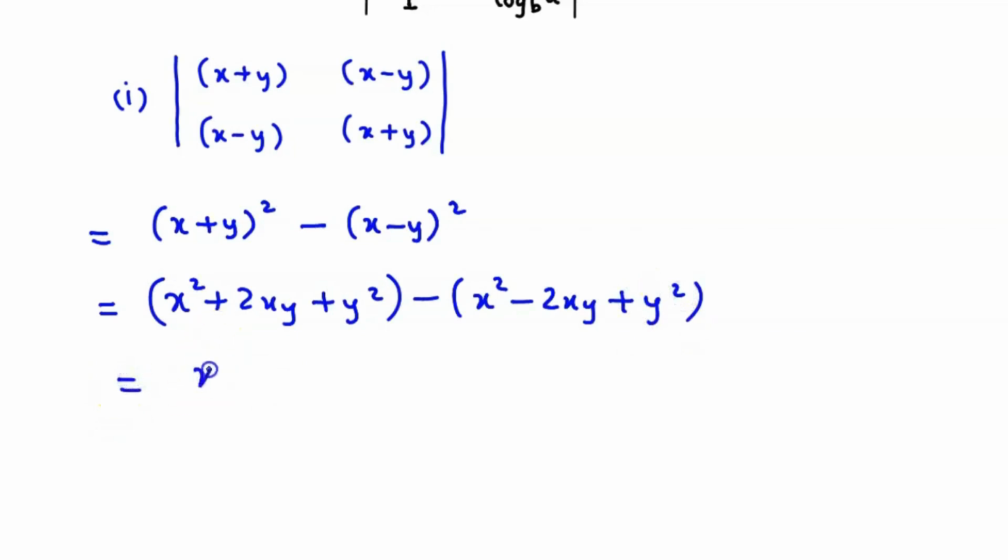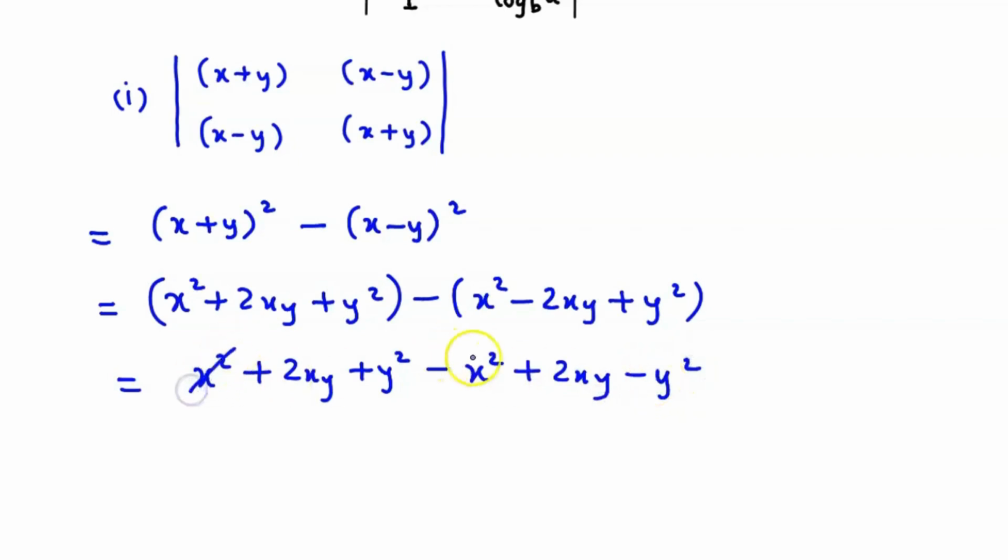So if you open the brackets, we get x square plus 2xy plus y square minus x square plus 2xy minus y square. So the x squared terms and the y squared terms get cancelled out. So we have 2xy plus 2xy. So the value is 4xy.